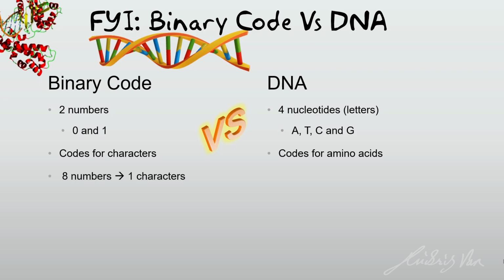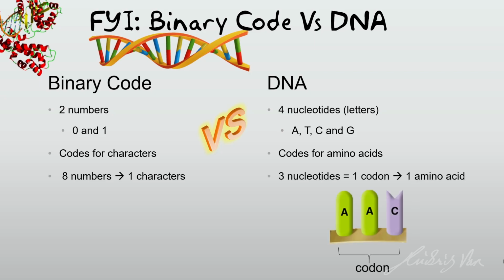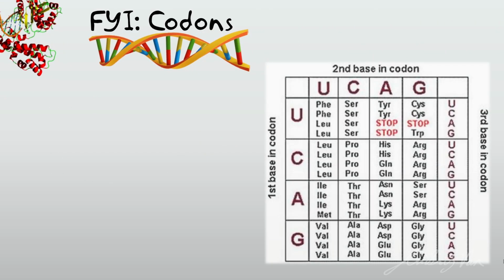Binary codes use 8 numbers to code for 1 character as seen in the previous slide. In the case of DNA, 3 nucleotides is known as 1 codon, and 1 codon will code for 1 amino acid.